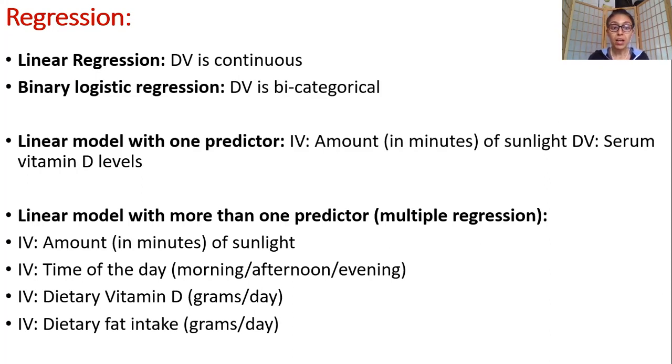So if you're having fat in the diet alongside vitamin D, this enhances the absorption of vitamin D. Okay, so these could be your, say, four independent variables, and then you can have one outcome variable or dependent variable, which is your blood level of vitamin D. Okay, so this is called multiple regression, where you have more than one independent variable in your model or in your analysis.